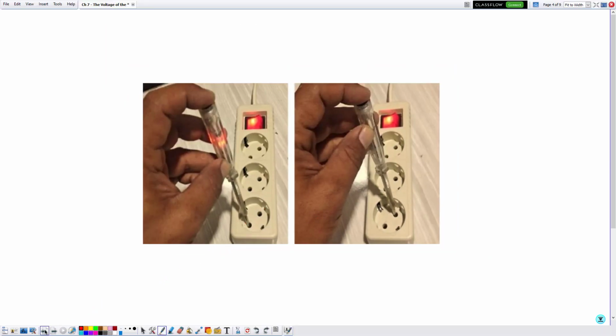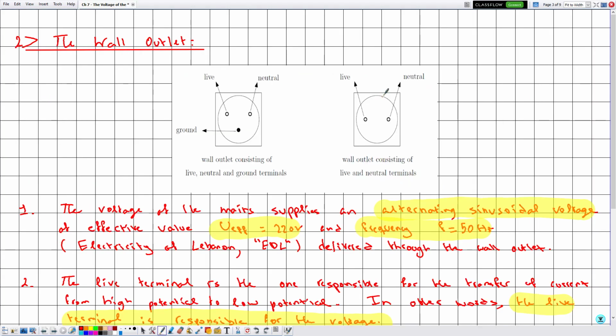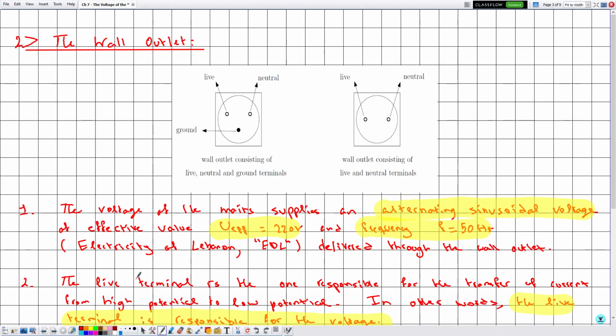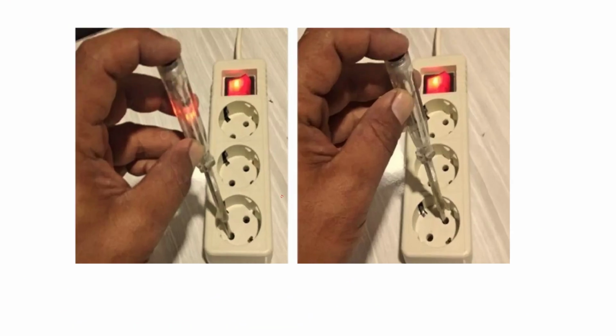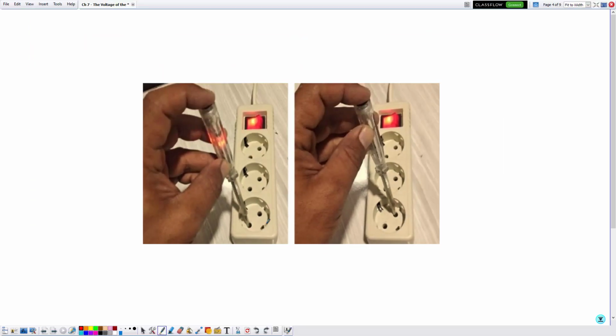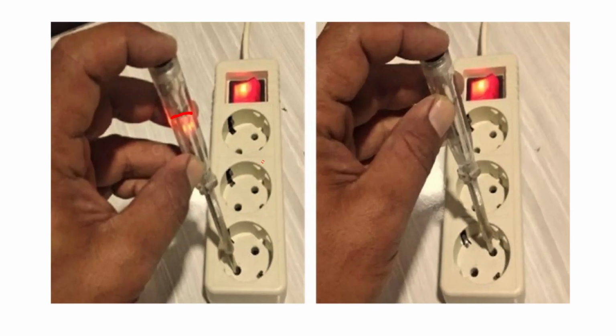If we refer back, in this case one of them is the live and one of them is the neutral. We cannot say that this is the live or this is the neutral based on the fact that one of them is on the left and one of them is on the right. So in order to distinguish between the live and the neutral, we use an instrument called the screwdriver.